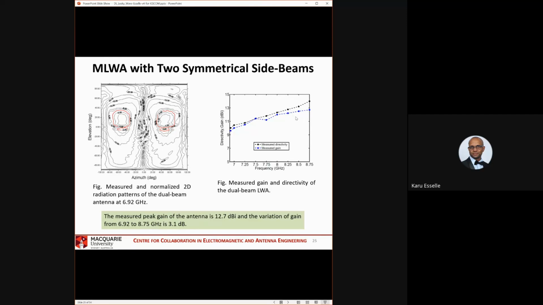Measured gain and directivity. The black curve is directivity. The blue curve is gain, both measured. Gain and directivity are very close to each other at lower frequencies. At higher frequencies, there is a difference, less than a dB, but there's a difference. I think you can guess the reason for this, right?